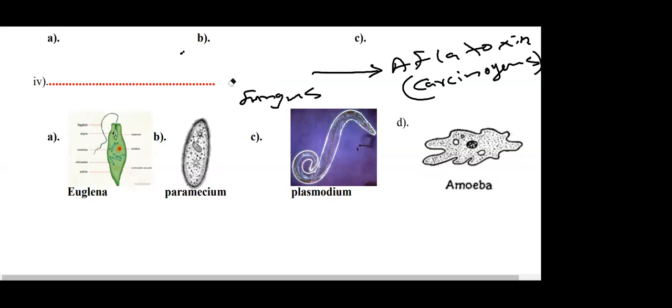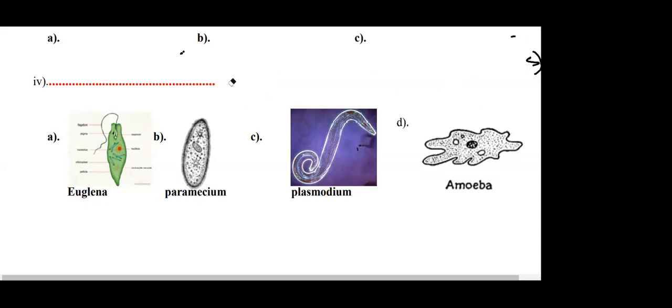So that's also important. That's why virgin coconut oil, which is physically refined, has a lower risk of aflatoxin, but is expensive. Okay, next one, last group, Protozoa.